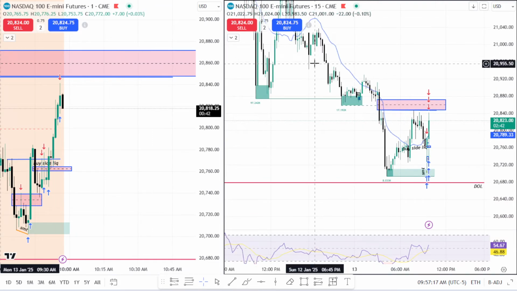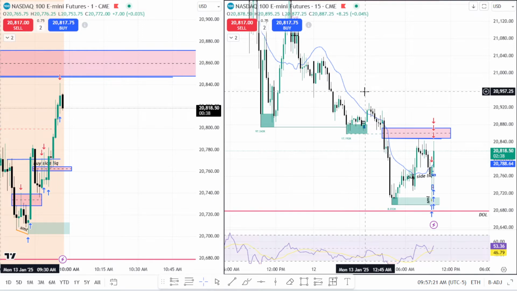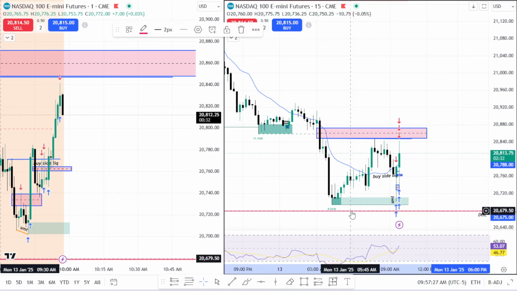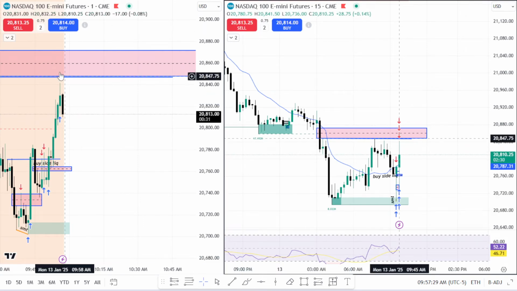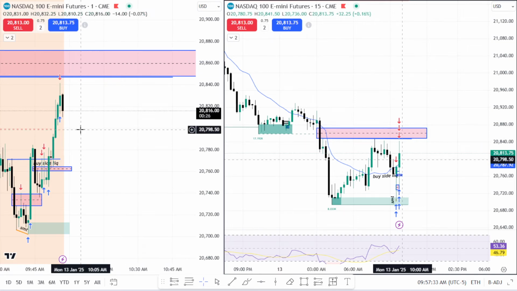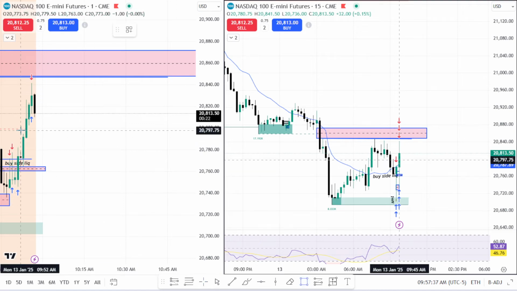Maybe I can look for some long setups, so maybe just about right here, between here and here. Or we're just gonna start rejecting off of this area, and then we go lower. But here's the thing about this right here. We didn't tap into the gap completely.